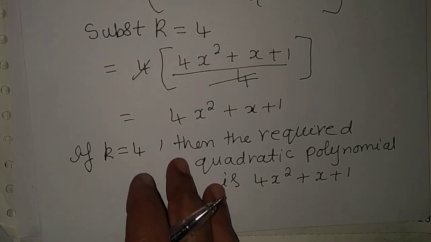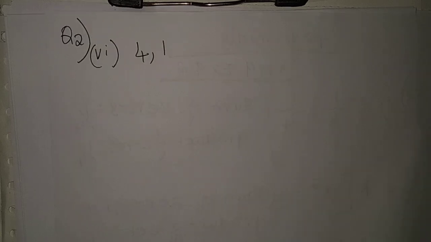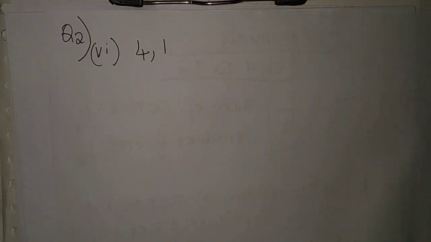This completes the fifth one. Now we move to the sixth problem. The sixth problem is given as sum of zeros is 4 and product of zeros is 1.